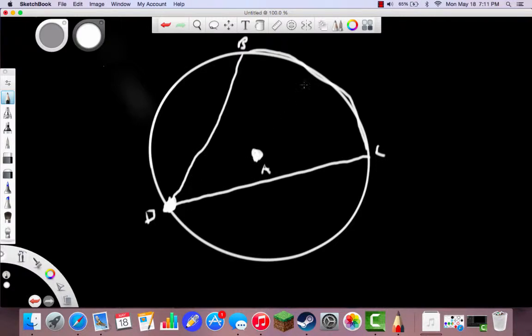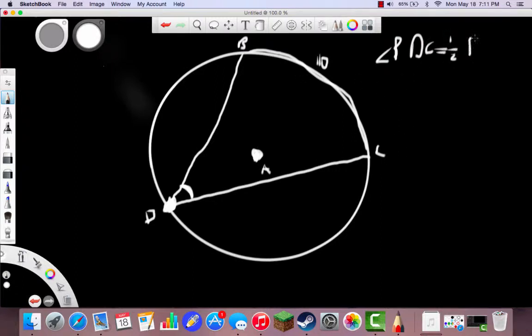So what does this mean? If this was 110 degrees and we're trying to find this angle BDC, how will we find it? Well, the theorem says that if there's an inscribed angle, then it'll be half of its intercepted arc, which means that angle BDC is going to equal half of whatever arc it intersects.